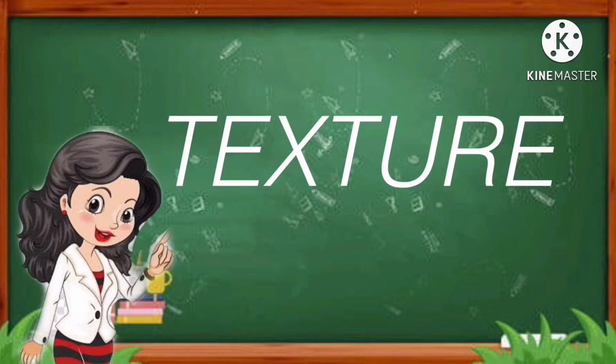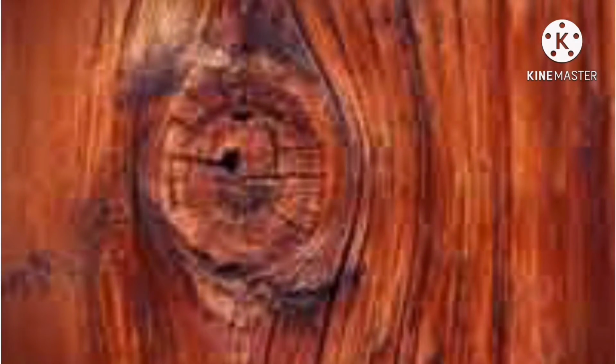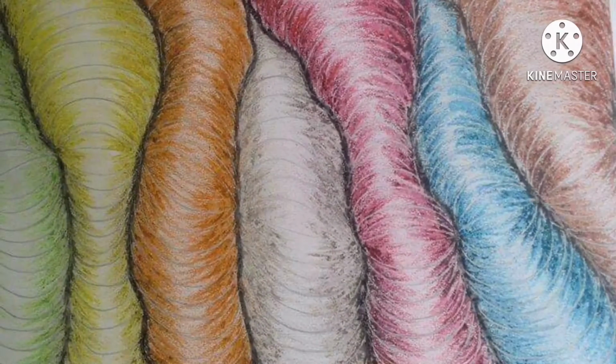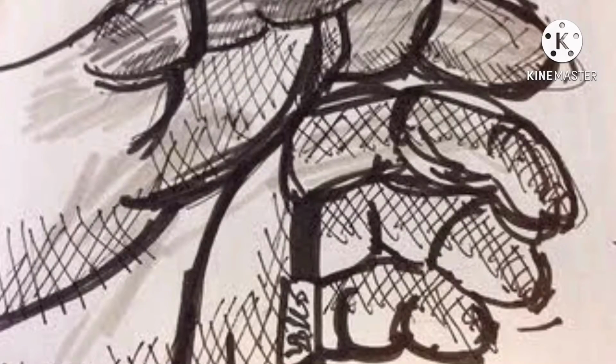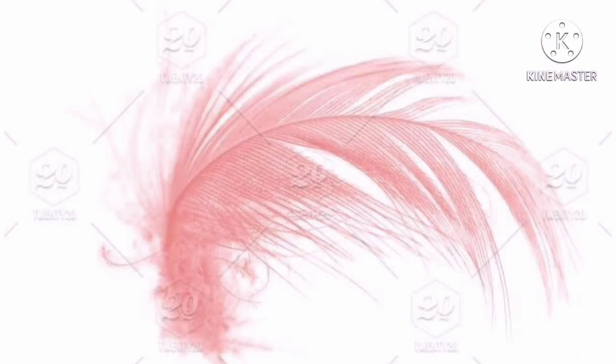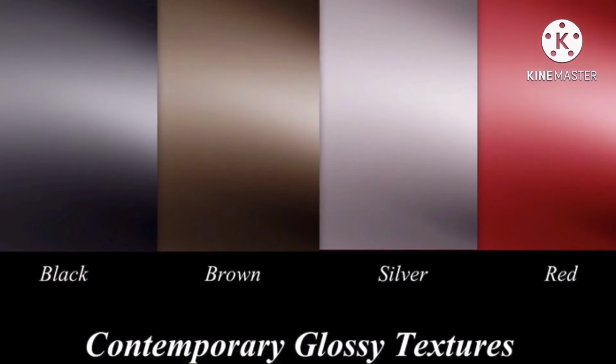The next element is the texture. Texture is how something feels or looks, as if you might feel it when touched. The feelings of textures are hard or soft, rough or smooth, matte or glossy.